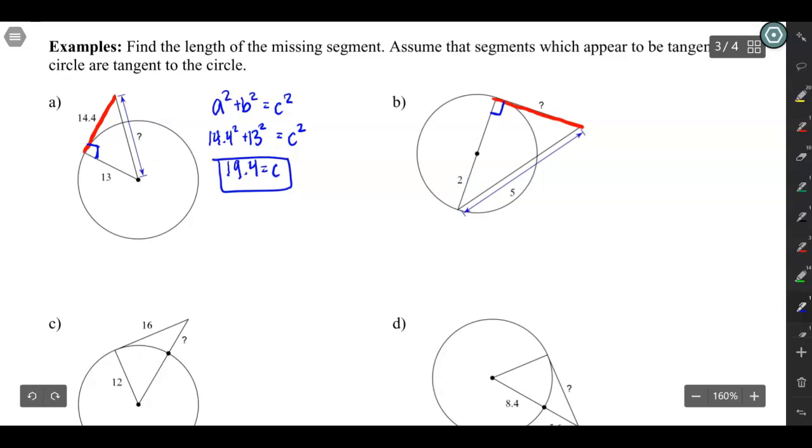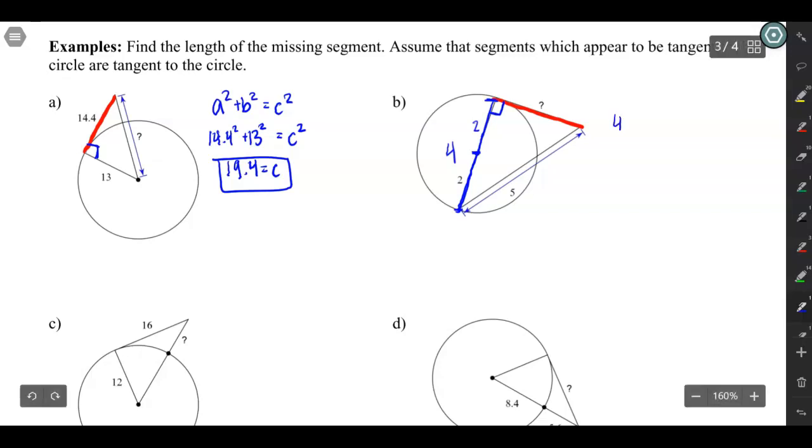What that 2 is telling us is that 2 is just the distance from here to here, so it's just the radius. Which means that this other side is also going to be 2, which makes this whole side of the triangle 4.